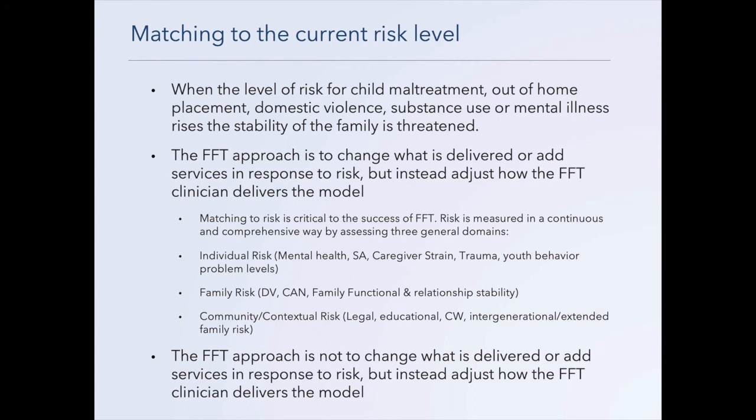The same thing in juvenile justice, the same thing in adult criminal justice, the same thing in educational factors. Community risk are those factors around the family that's pressuring them, that's making it difficult for them, that is a challenge for them, and that threatens their stability.